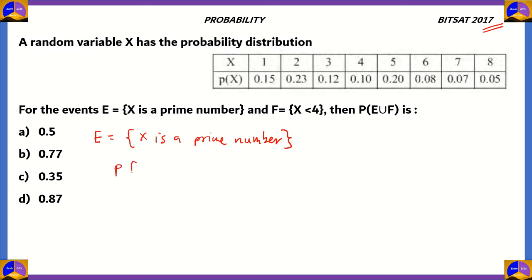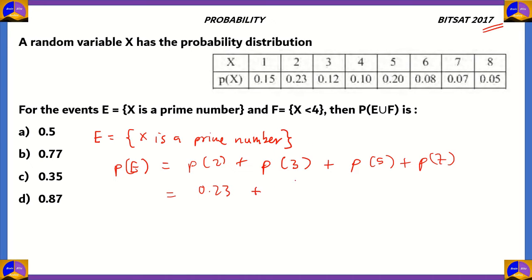So if you want to find the probability of E, you will find the probability of 2 and add it to the probability of 3 and also to 5 as well as to 7, because those are the prime numbers between 1 and 8. So we will add these probabilities. P of 2 is given as 0.23, P of 3 is given as 0.12, P of 5 is given as 0.20, P of 7 is given as 0.07.